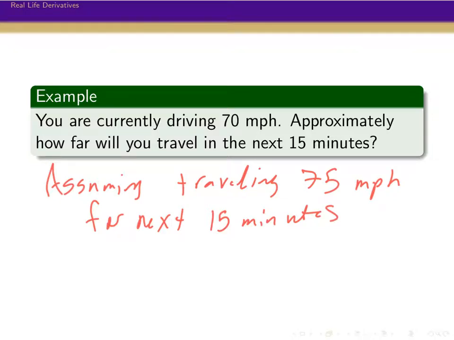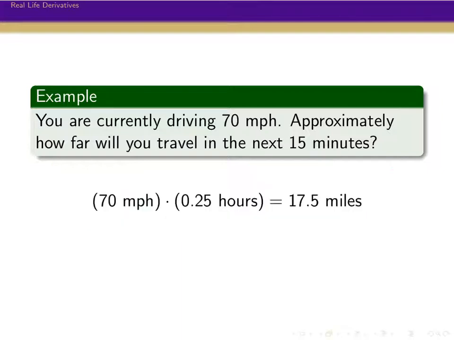This is a really straightforward problem, right? It's not going to shock you. We take 70 miles per hour and multiply it by, well, what is 15 minutes? 15 minutes is 1/4 of an hour. And then out of that, we get 17.5 miles.